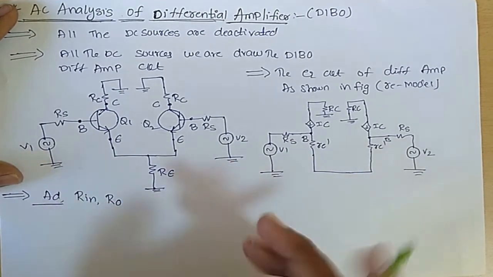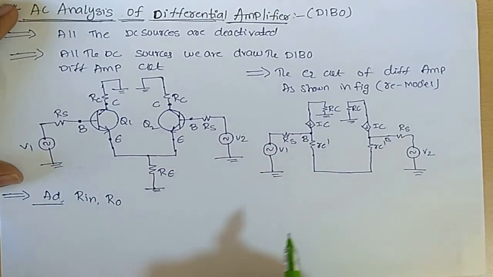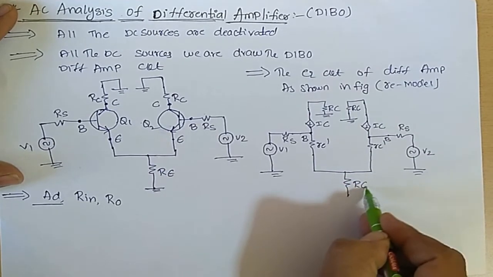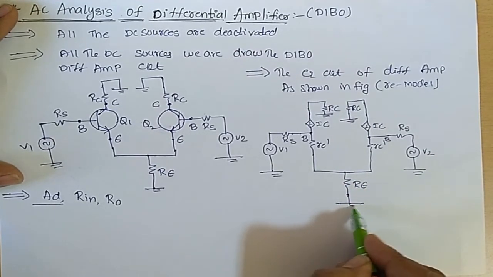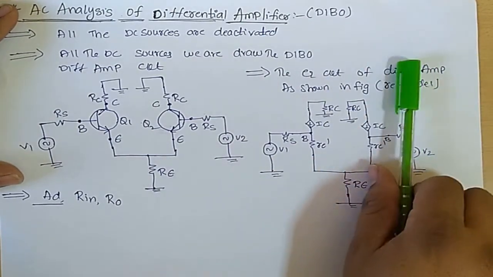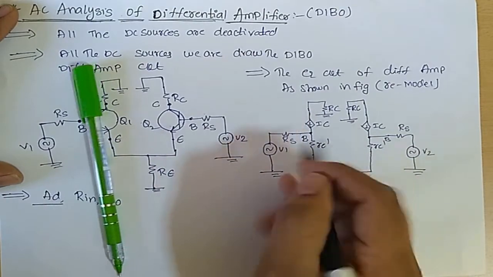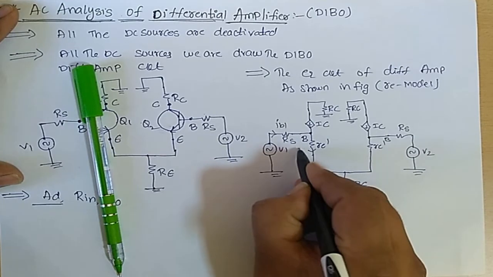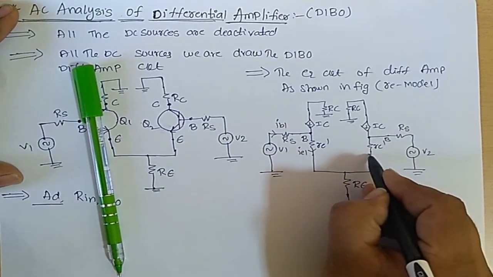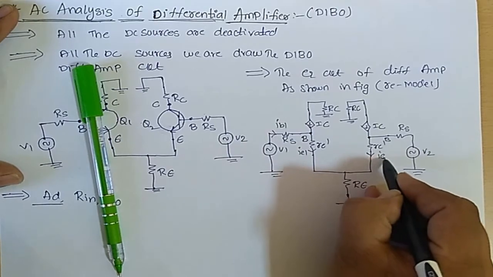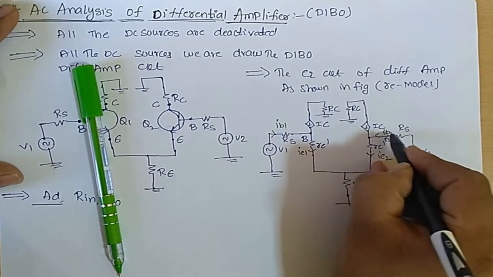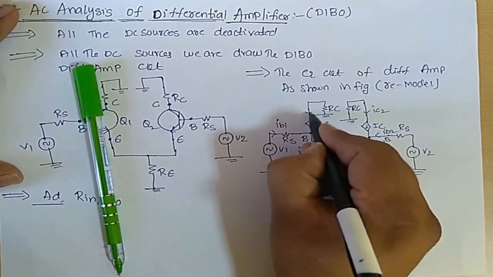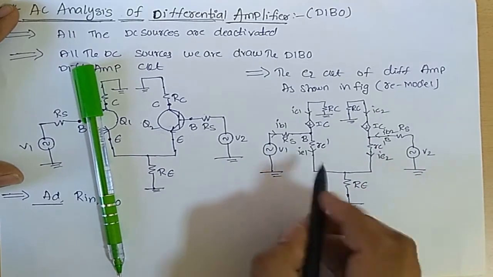With respect to these base and emitter terminals, we have the common emitter resistance Re connected to ground. The currents are IB1 and IE1 in one branch, and in this branch IE2 and IB2. These currents we can consider as IC2 and IC1.